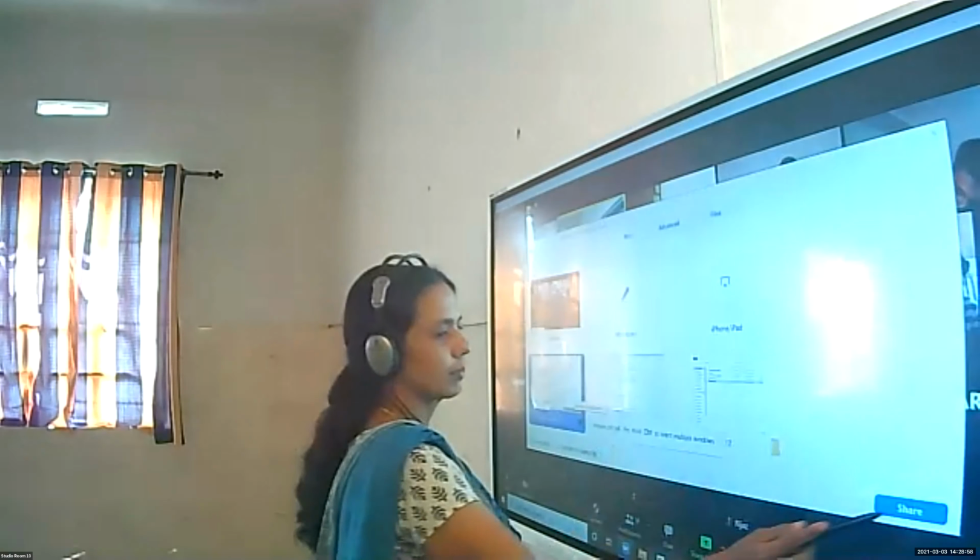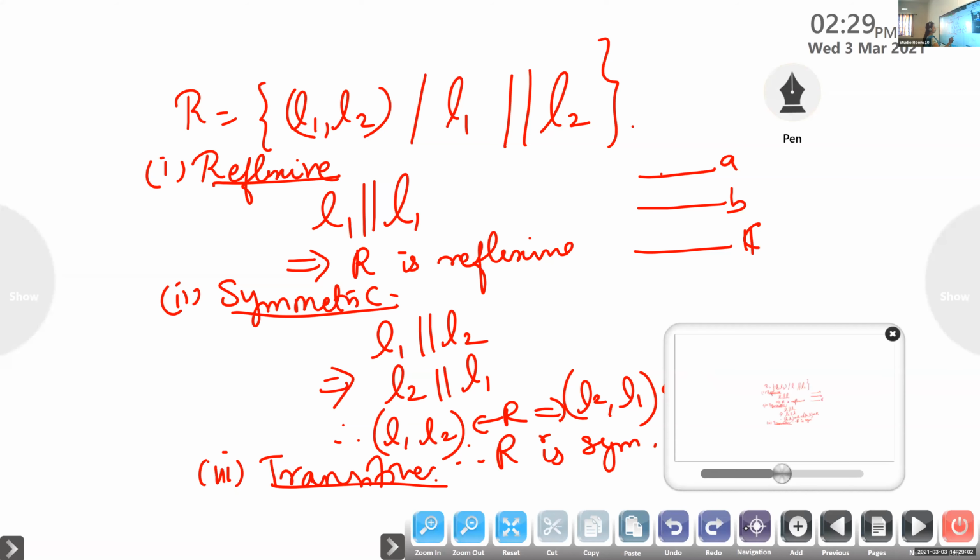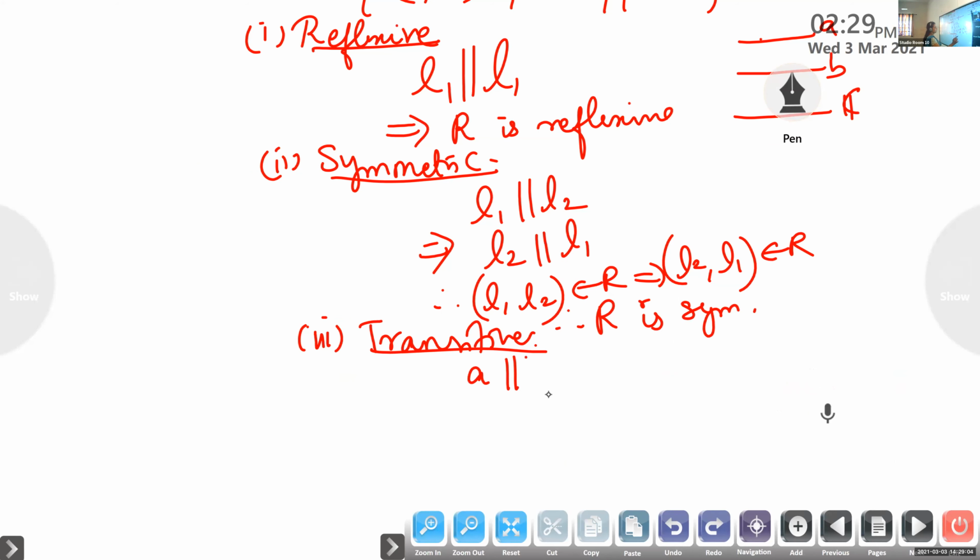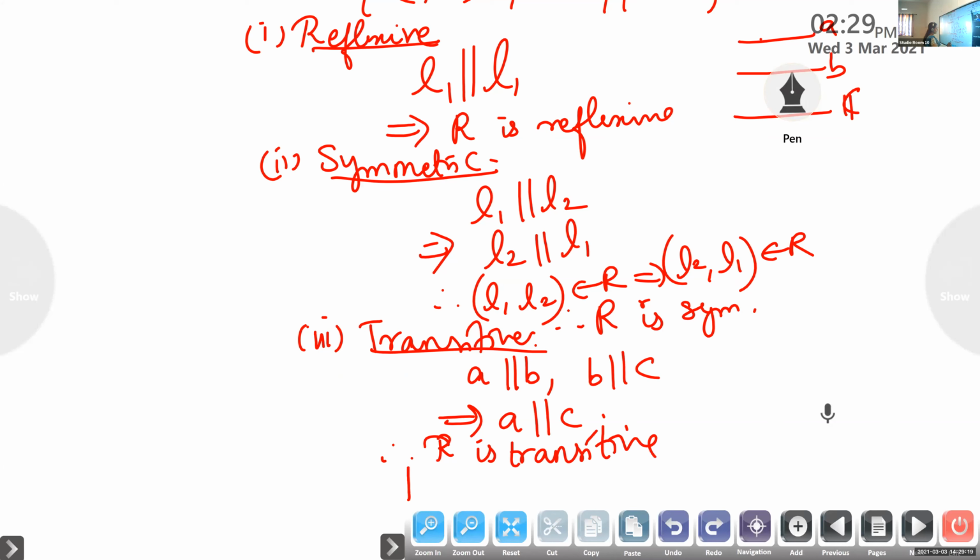Therefore, it is transitive. So, A is parallel to B, B parallel to C implies A is parallel to C. Therefore, R is transitive. Therefore, R is an equivalence relation.